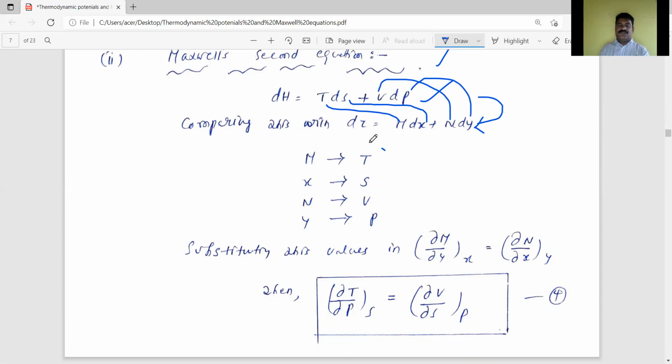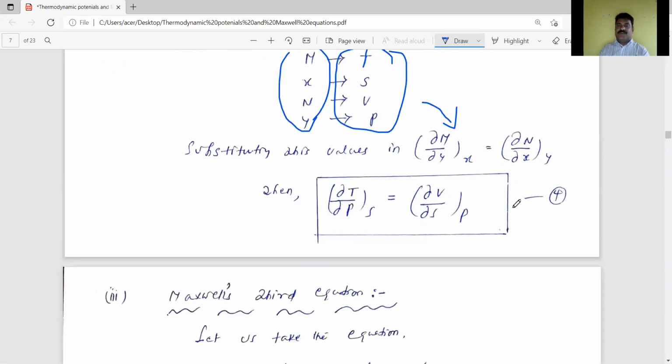Okay, if you substitute these values in place of these values in the below equation, what is that equation? Dou m by dou y at x equal to dou n by dou x at y. So if you substitute these values, you can get the Maxwell's second equation. What is that? Dou t by dou p at s equal to dou v by dou s at p. Okay, now we got the Maxwell's second equation.